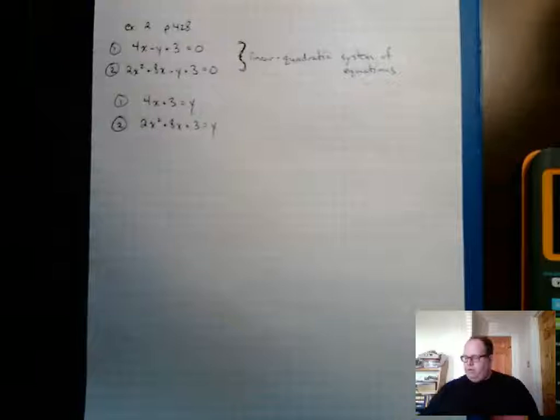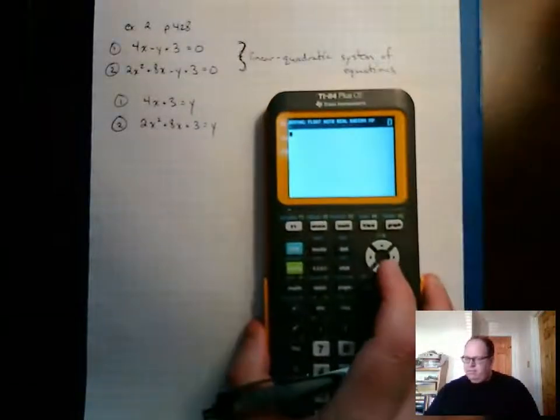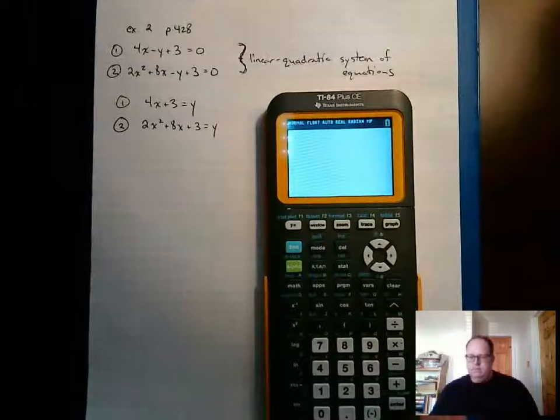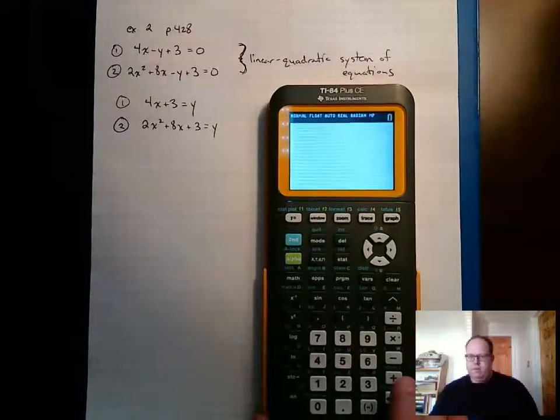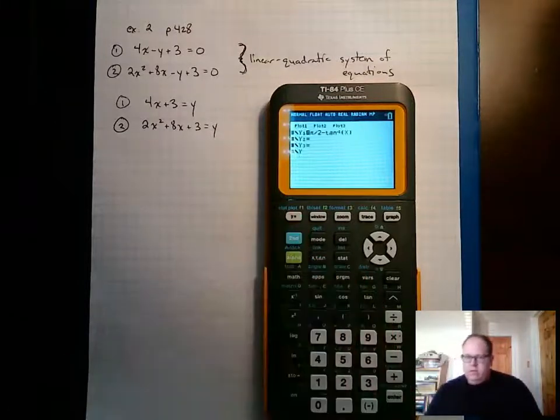And at this point is when you're going to dig out your trusty graphing calculator. First I'll show you what you can do with your calculator, and then second I will show you what I would like to see you have written down with it. So I'm going to Y equals, do myself a couple of graphs.